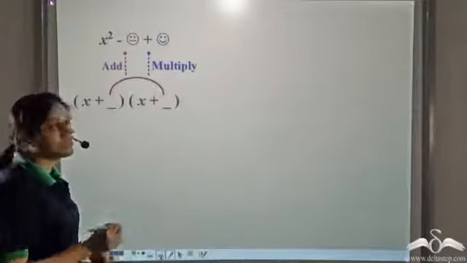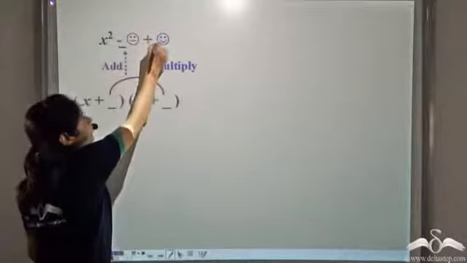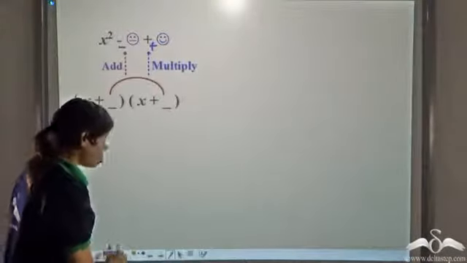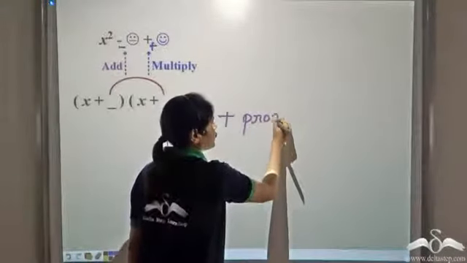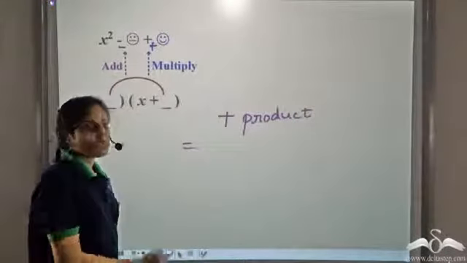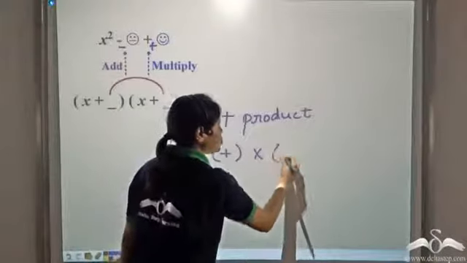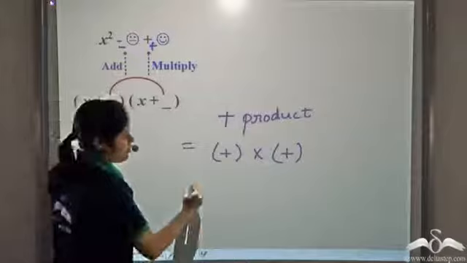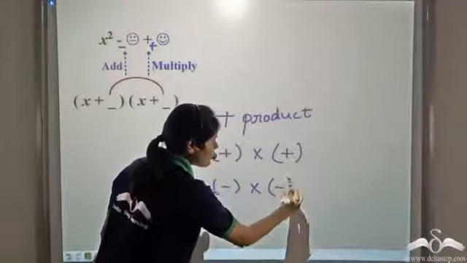Now consider the third possibility, where we have the negative middle term and a positive last term. So we have a positive product. We can get a positive product by multiplying a positive number with a positive number, or by multiplying a negative number with a negative number.